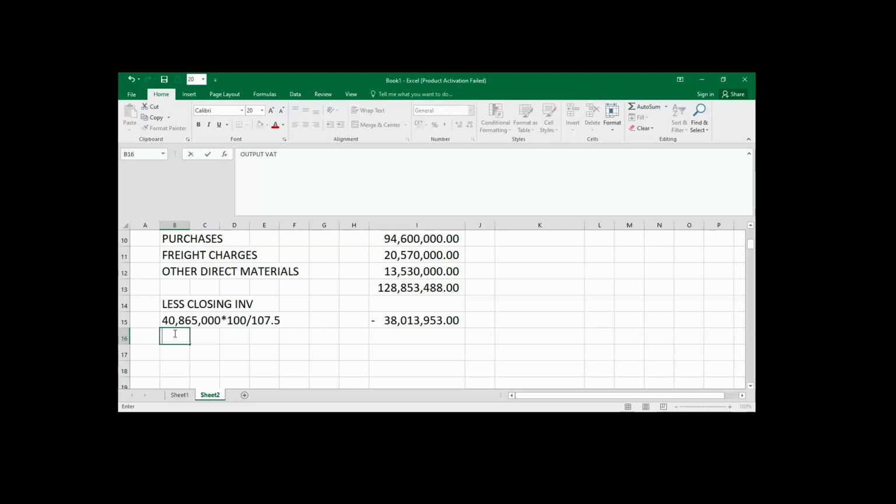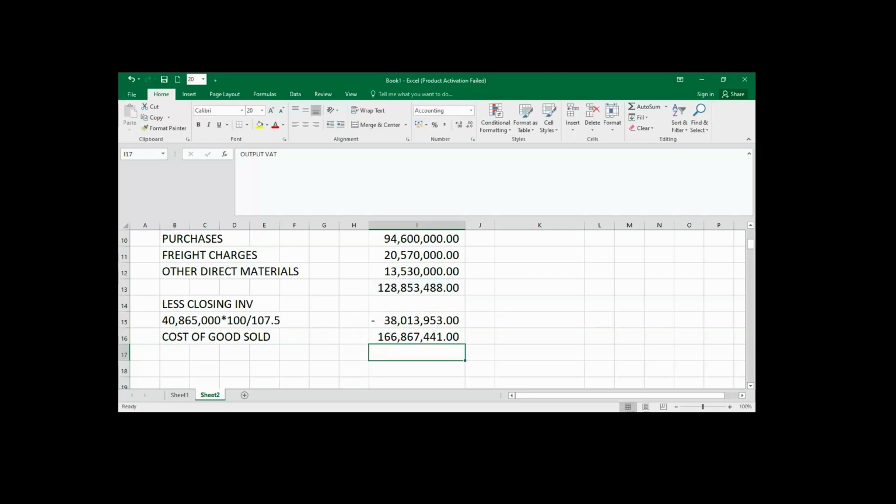The resulting figure will give us what is called the new cost of goods sold at VAT exclusive, which is equal to this minus this.